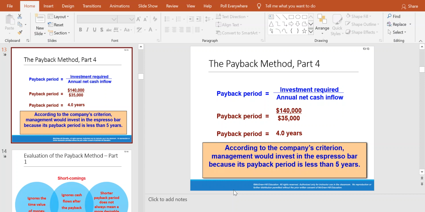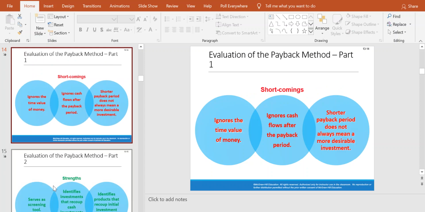However, the payback method has some problems or shortcomings. One of the shortcomings is it ignores the time value of money. In other words, all the dollars in the calculation are considered to be at their full value. None of them are discounted. It also ignores any cash flows that come after the payback period.